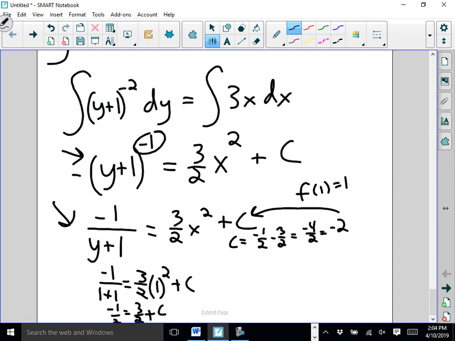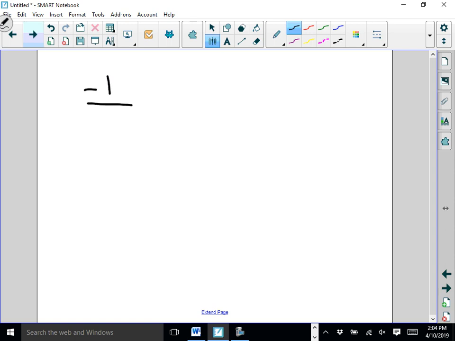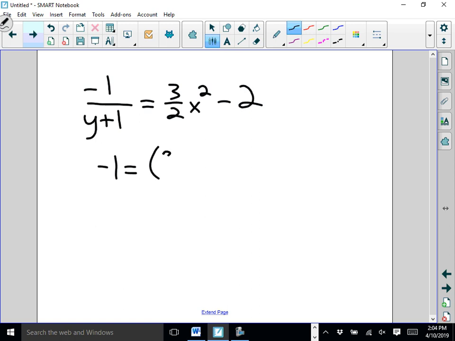And let me just go to the next page here. Negative 1 over y plus 1 equals 3 halves x squared minus 2. Now I got to get y alone. The problem is y is in the denominator. So I'm going to multiply it over without distributing. So I'm going to have negative 1 equals 3 halves x squared minus 2 times y plus 1.